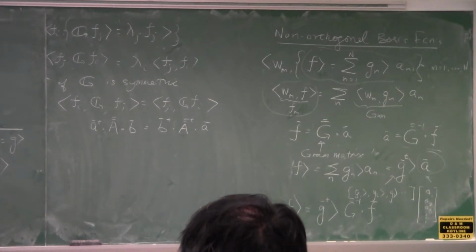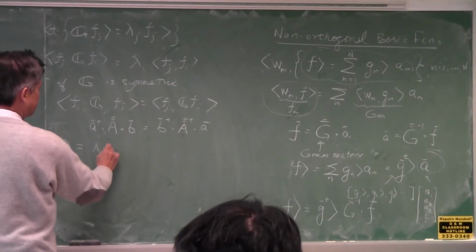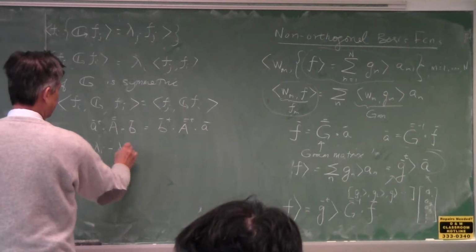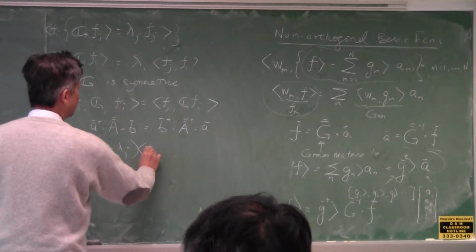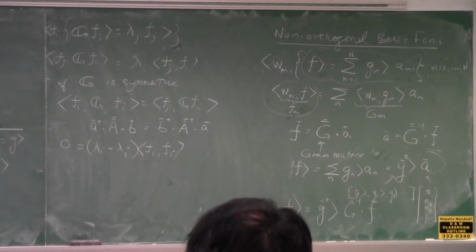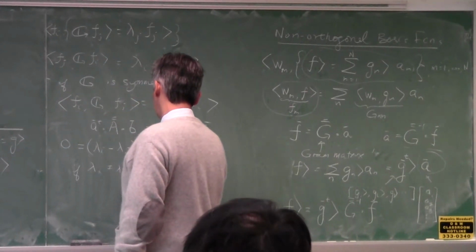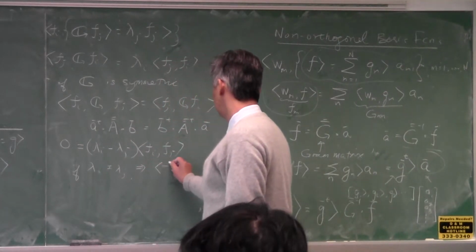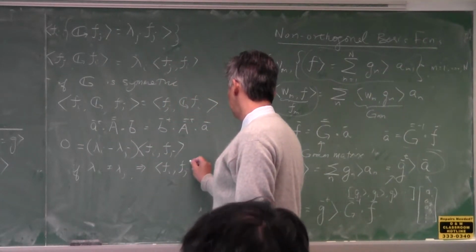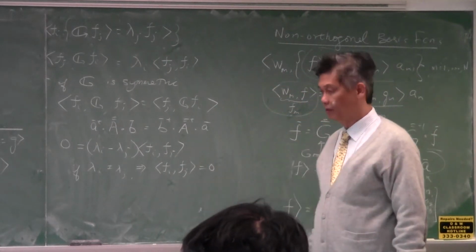So if you subtract the two equations, you get 0 on the left-hand side, minus lambda J, Fi comma Fj. Which means that if lambda I is not equal to lambda J, it must imply that Fi comma Fj must be equal to 0. So it proves orthogonality.